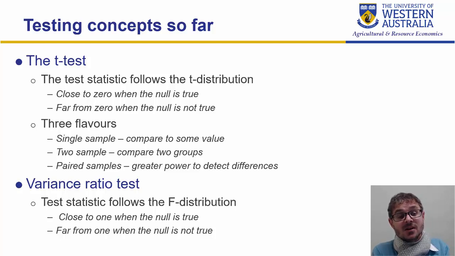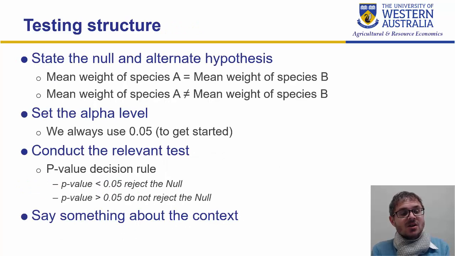For the two-sample t-test, we saw that we needed a pre-t-test test, which was the variance ratio test. Then we set up our testing structure: state the null and the alternate, set the alpha, conduct the relevant test, apply the p-value decision rule, and say something useful about the context.